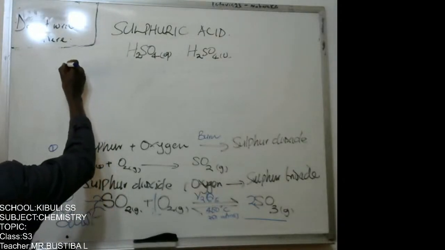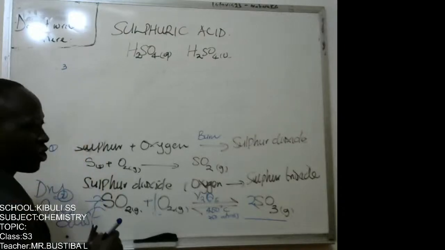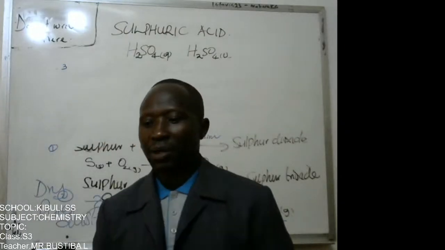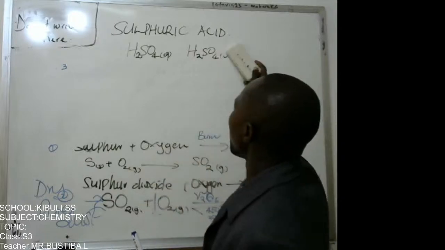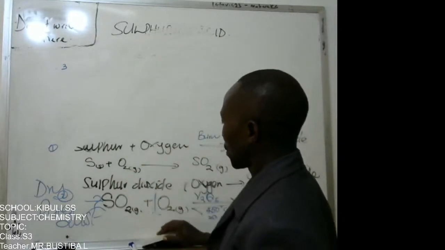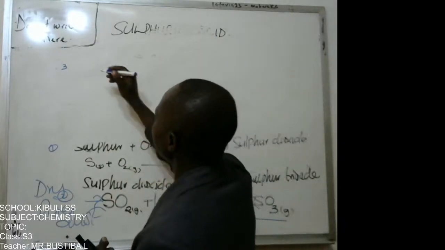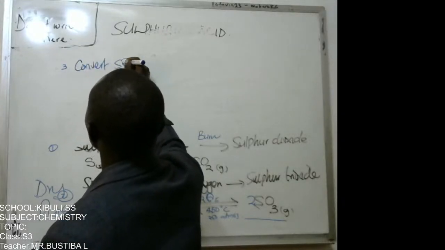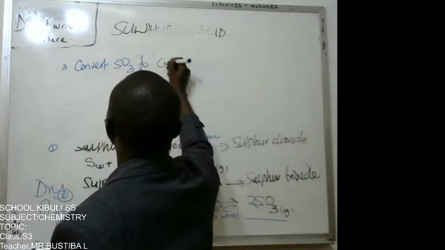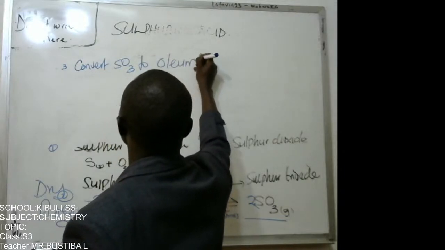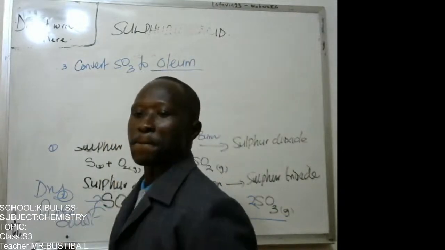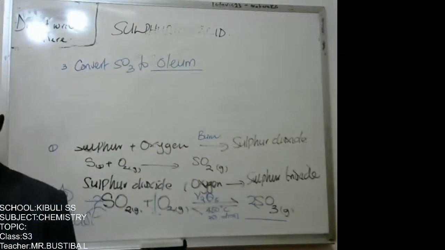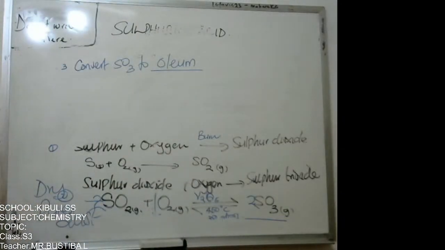What is step number 3? Ladies and gentlemen, step number 3 involves converting sulfur trioxide to a certain compound which is called oleum. Converting sulfur trioxide to oleum.